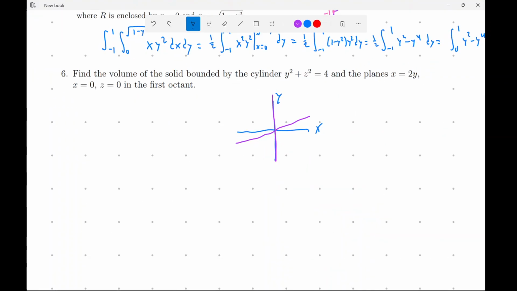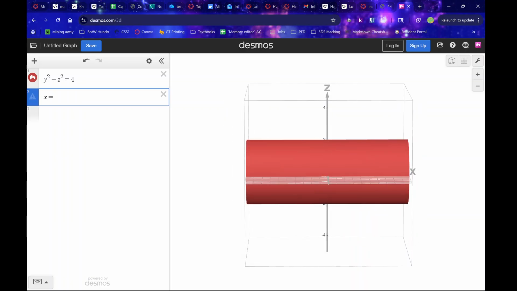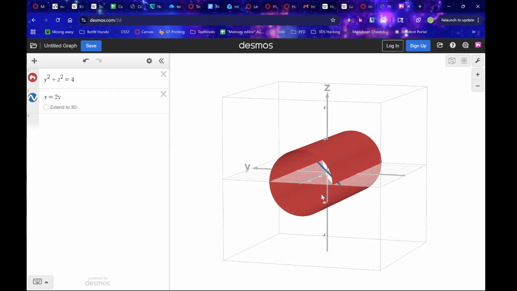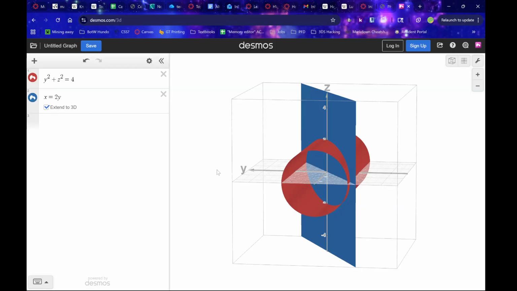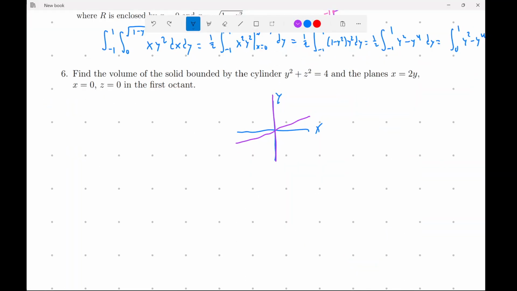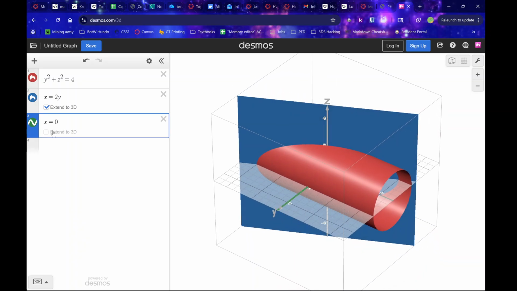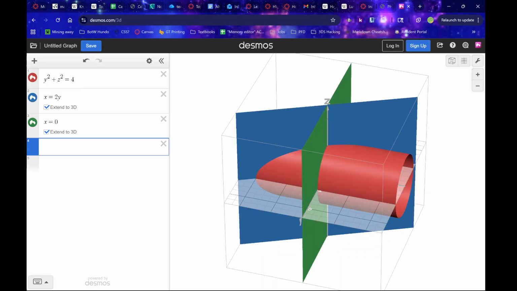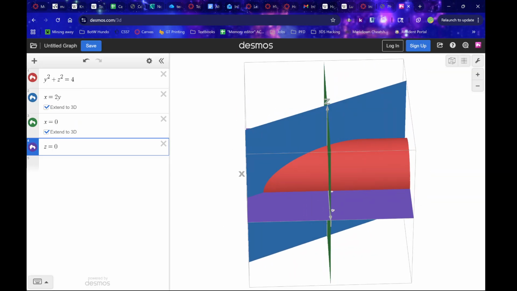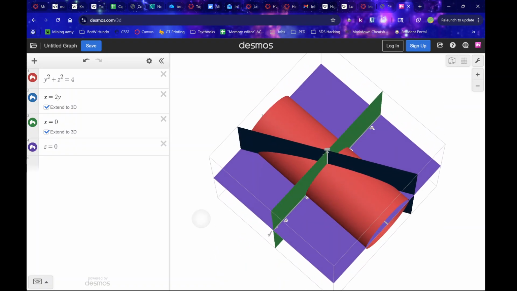We have x is equal to 2y, which is that plane right there. We have x is equal to 0 and z is equal to 0. And so the region that we want is bounded between those 4 graphs.